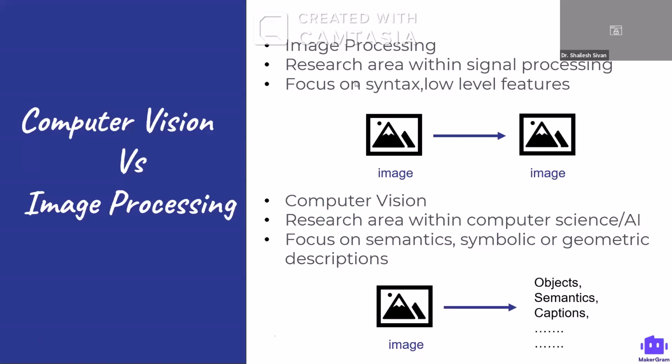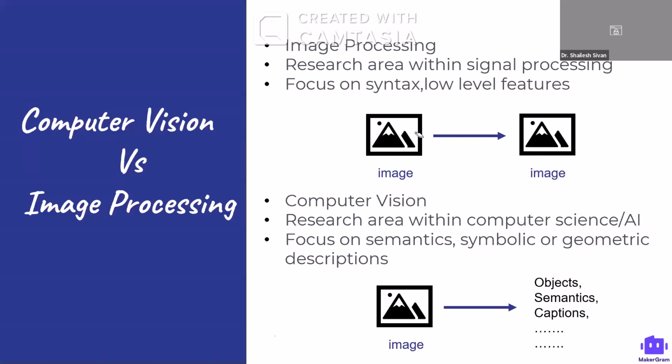Yeah. So in the case of image processing, we take an input image and apply it to a particular algorithm. That algorithm will manipulate that image, and as a part of that, you will get another image as an output, right? So you are converting a color image to black and white, or you are enhancing one image into a clearer one.